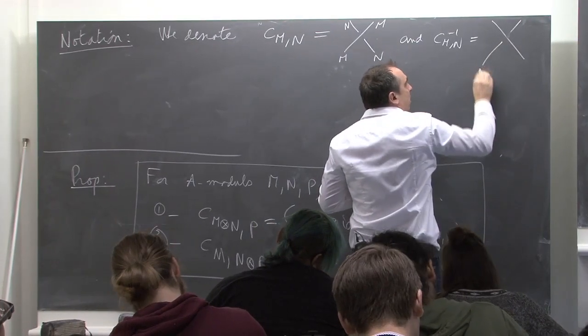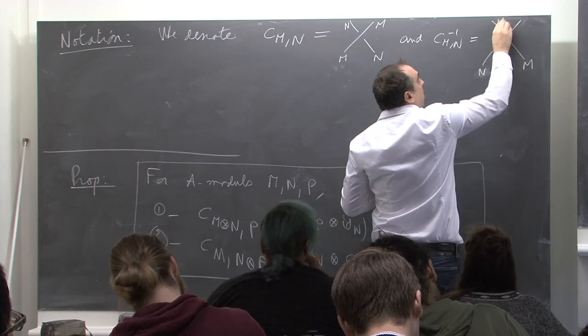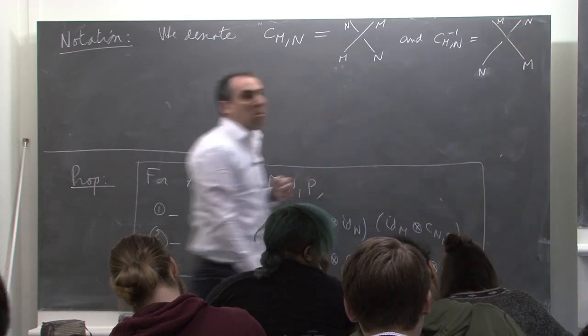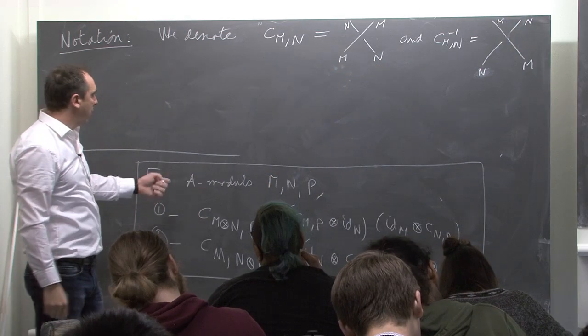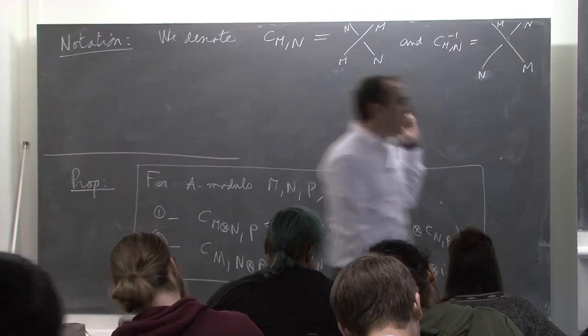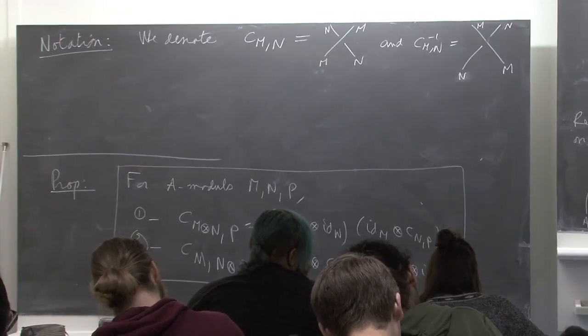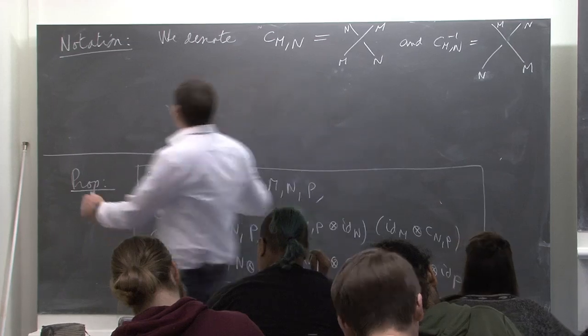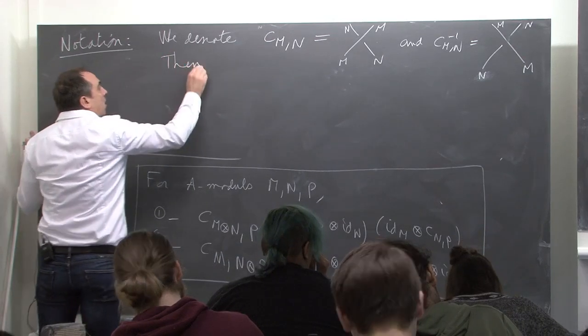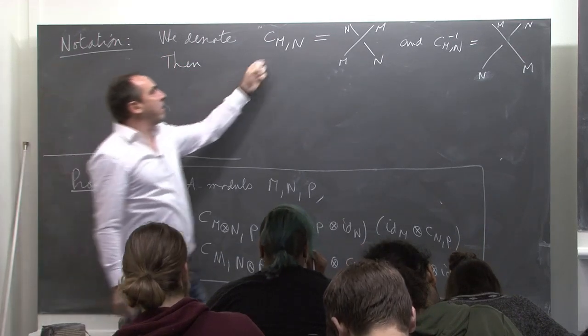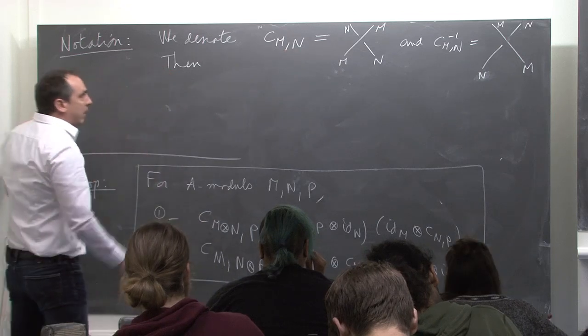Now this is just notation, we can translate the properties we have shown. What does naturality of C mean?